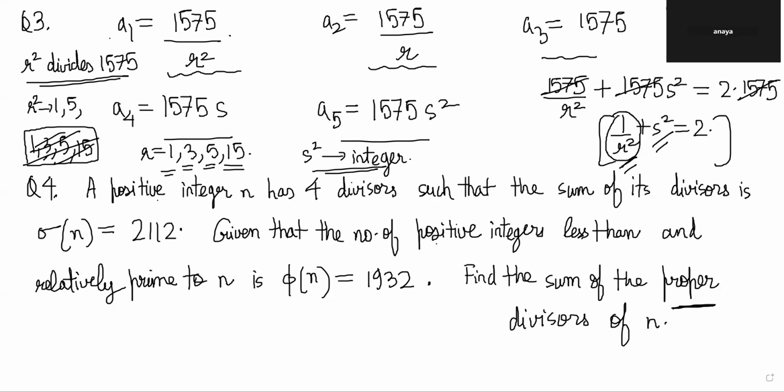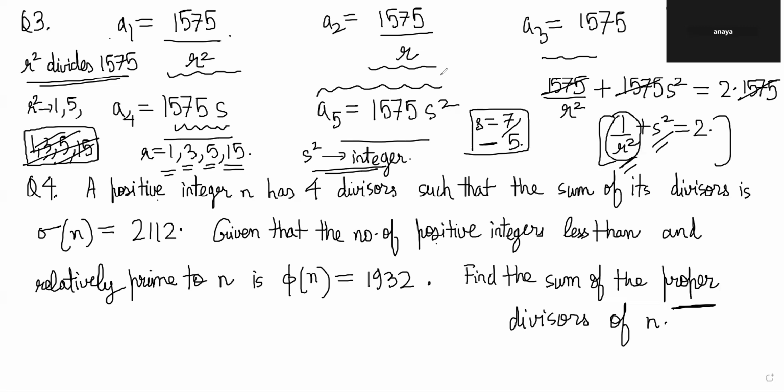You will see that 1 and 5 work. If R is 1, S is also 1. But if R is 5, 1 by 25, you subtract that from 2, you get 49 by 25. So S is 7 by 5 in that case. And 7 by 5 is fine because that still keeps A4 and A5 as integers.